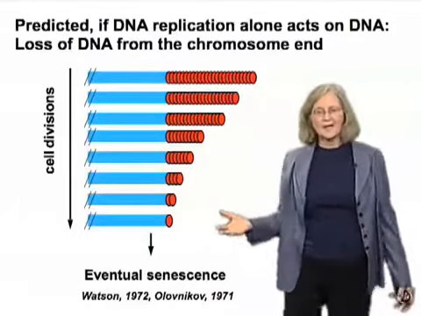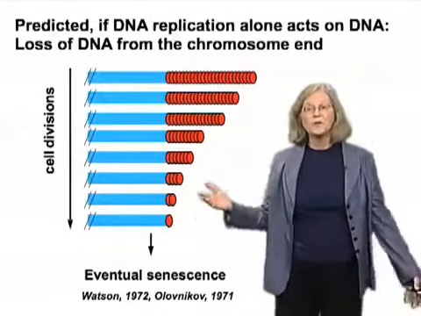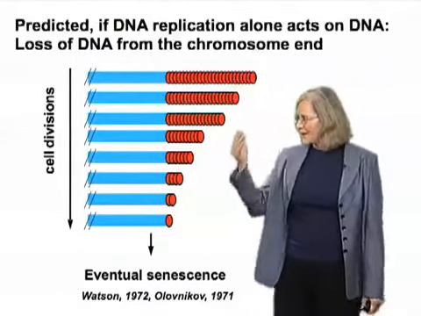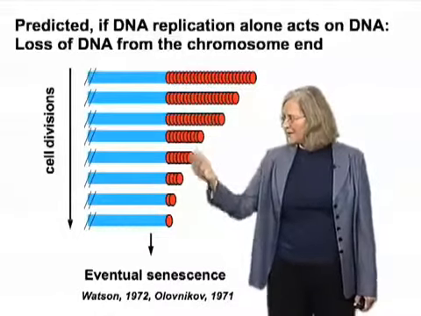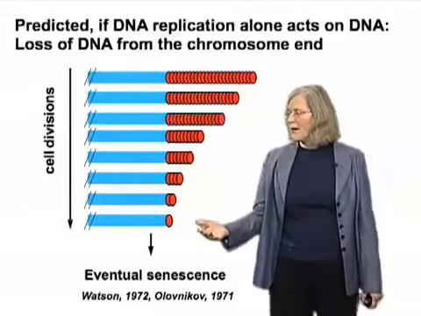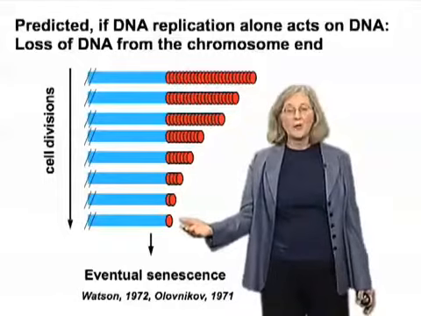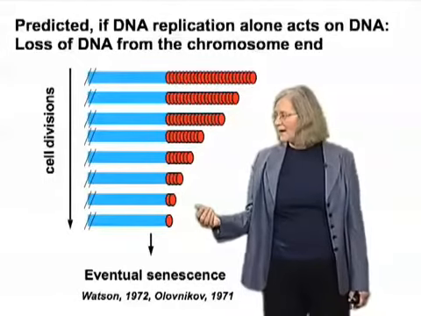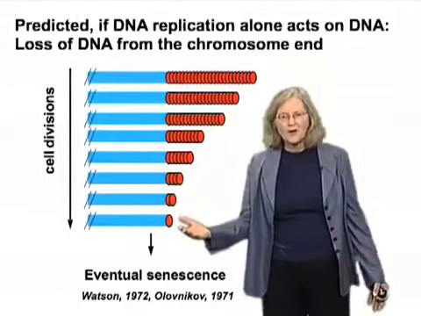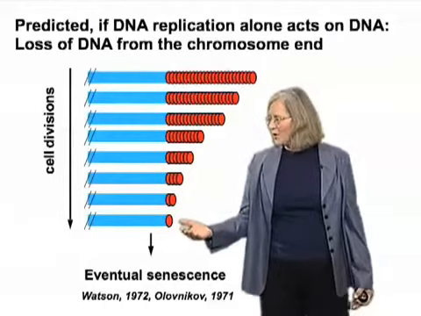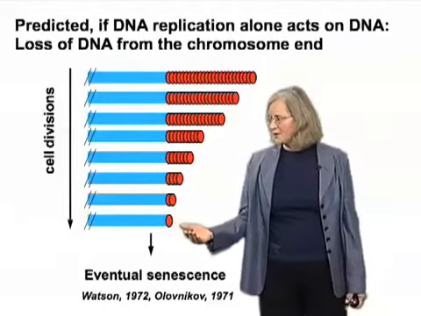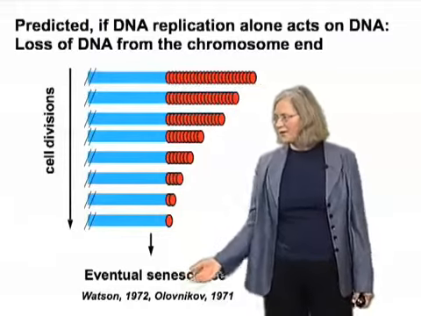Well, obviously something has to compensate in the long run, otherwise we wouldn't be here. But even on a shorter time frame, as cells divide and divide and the DNA gets shorter and shorter, one might predict that there would come a point when there wouldn't be enough of something or other at the end that then the chromosomes would no longer be able to support cell division, and the cells might eventually undergo what's called senescence.